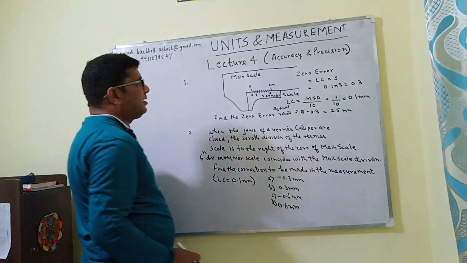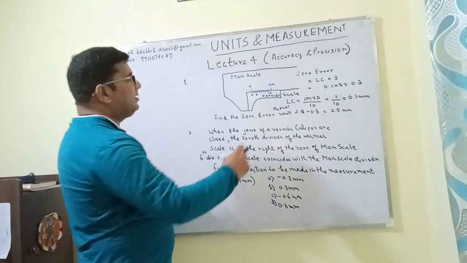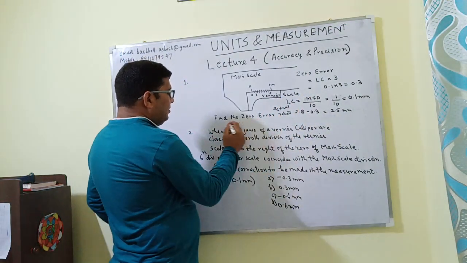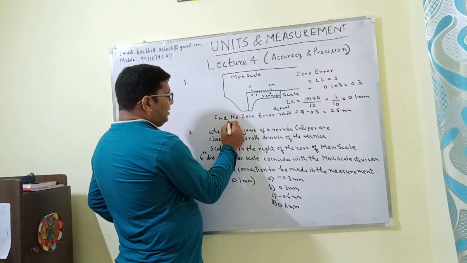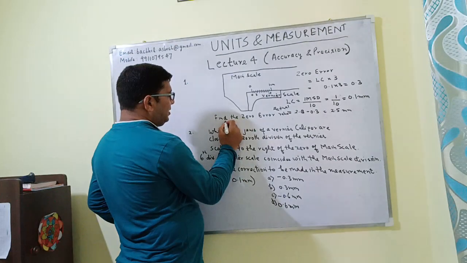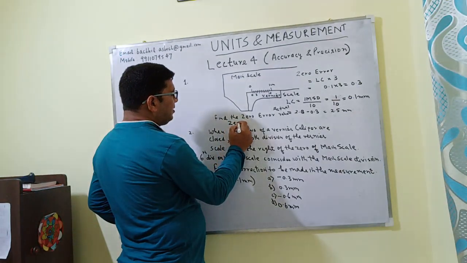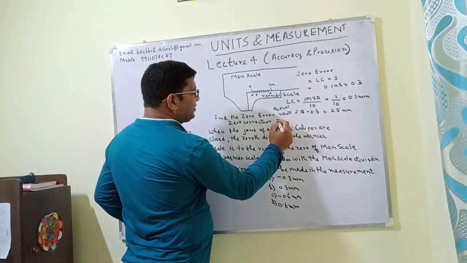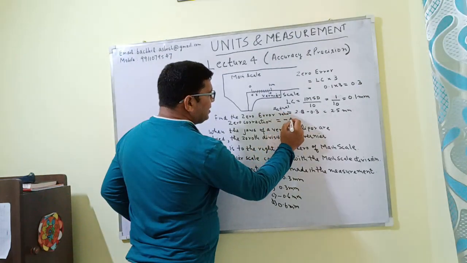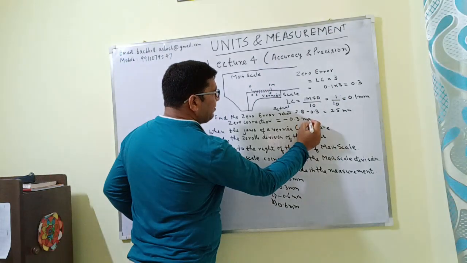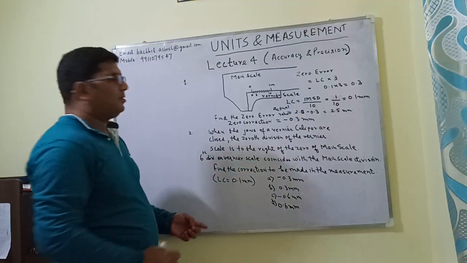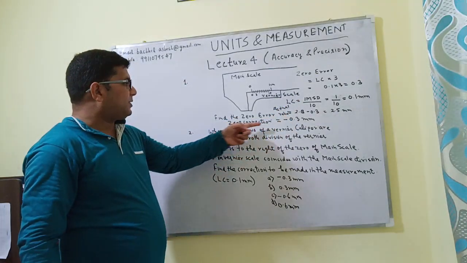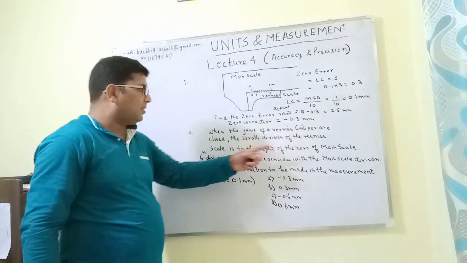In this case, the zero error is equal to 0.3, and the zero correction will be equal to minus 0.3 mm.